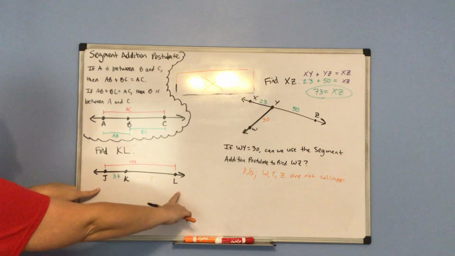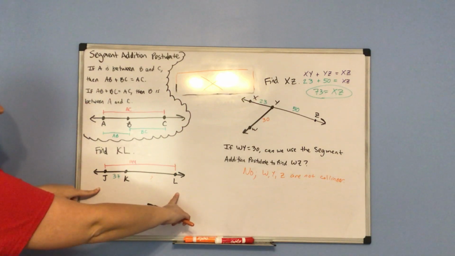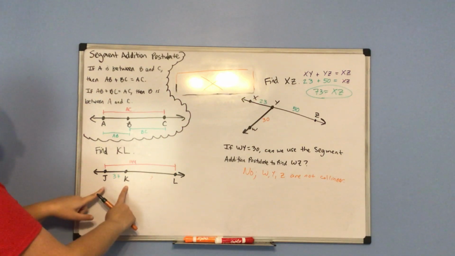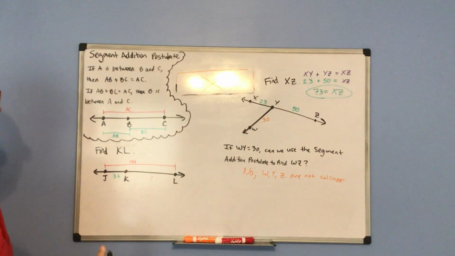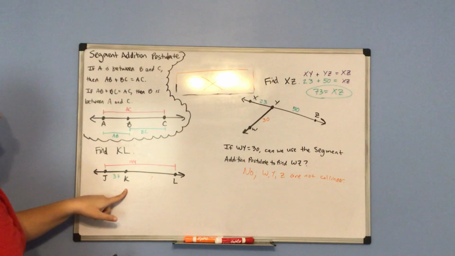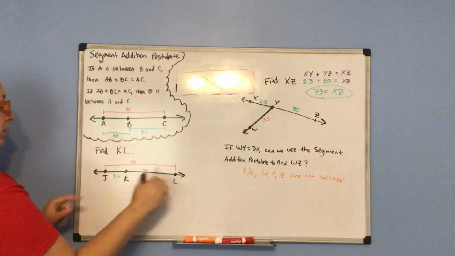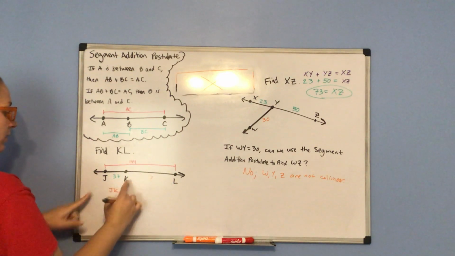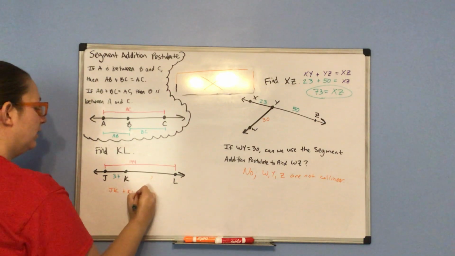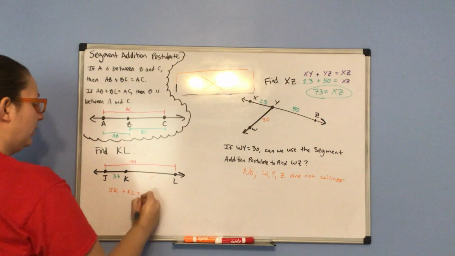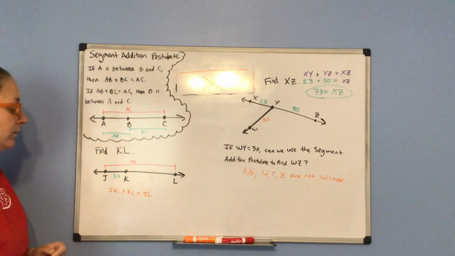We have 3 points that all fall on the same line, 3 points that are collinear. K is in between J and L. So we can start with our equation like we did before. Since K is between J and L, then J to K, this part, plus K to L, this part, equals the whole thing, J to L.